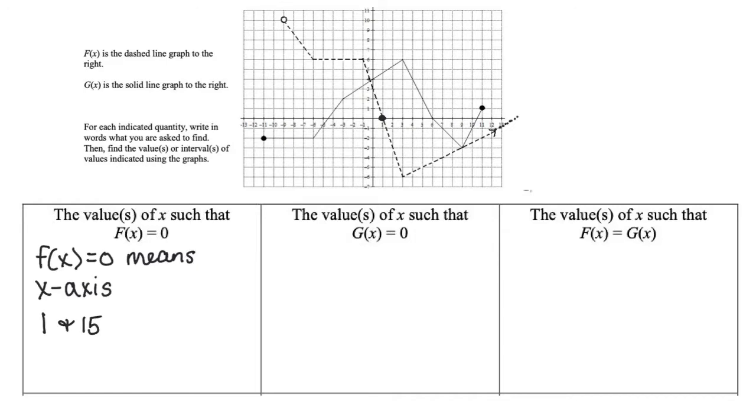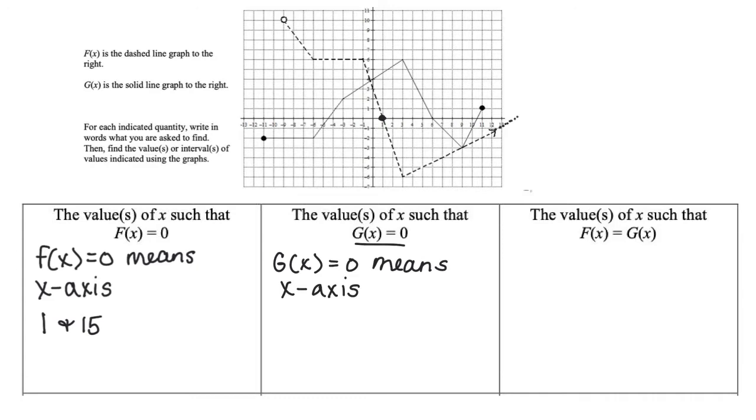Now looking at the values of x such that g of x equals 0. So again, g of x being 0 means x-axis. So for what values are you sitting on the x-axis?